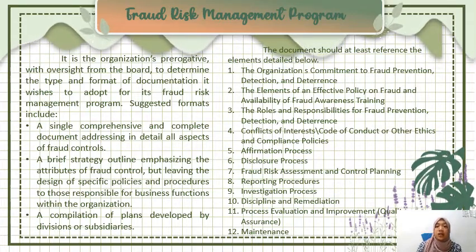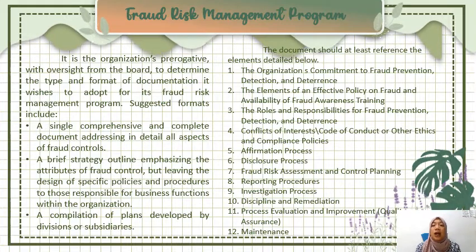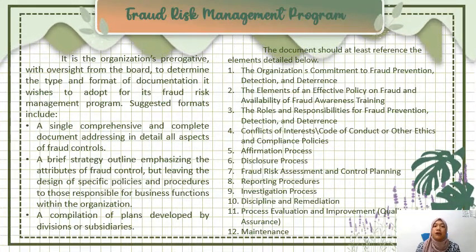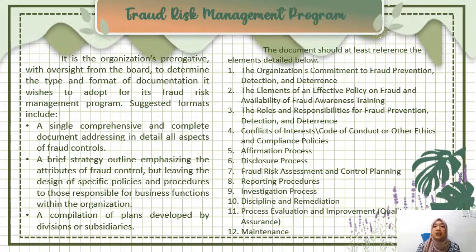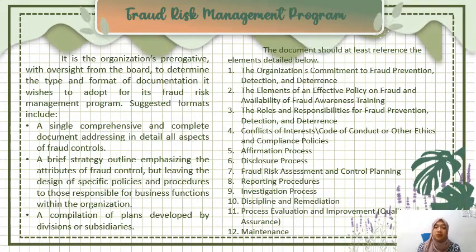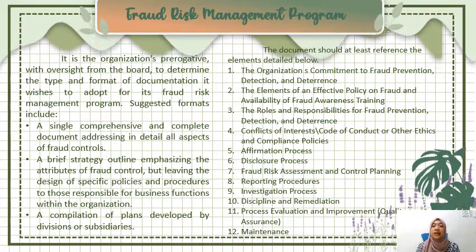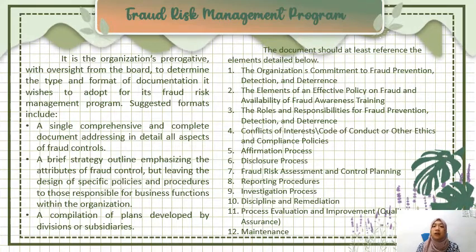Conflicts of interest or code of conduct or other ethics and compliance policies, affirmation process and disclosure process, the fraud risk assessment and control planning, the reporting procedures, the investigation process, discipline and remediation, process evaluation, improvement, quality assurance, and lastly, maintenance.